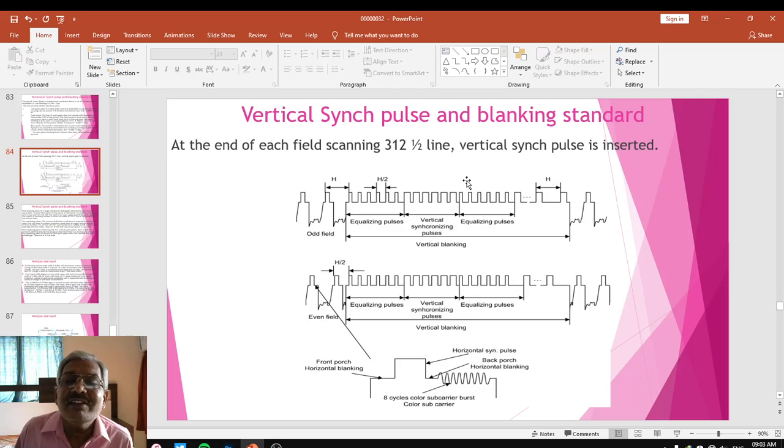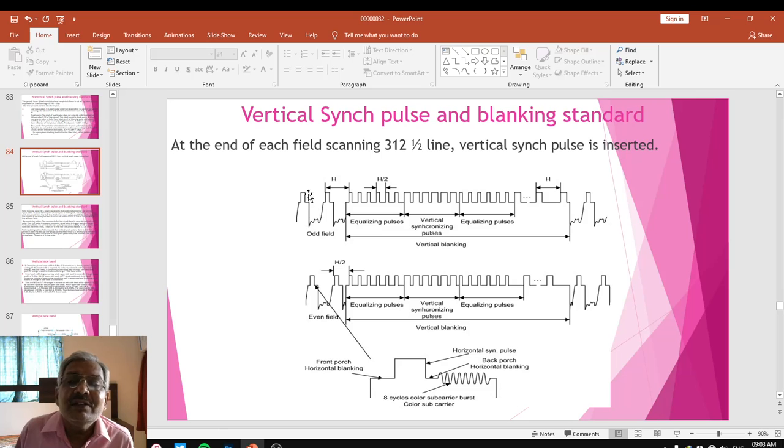Means these are the set of pulses. Look at here. This set of pulses, we can call the vertical sync pulses and the blanking pulses. So these we have studied in the horizontal blanking standards. This as well as this part we have studied.